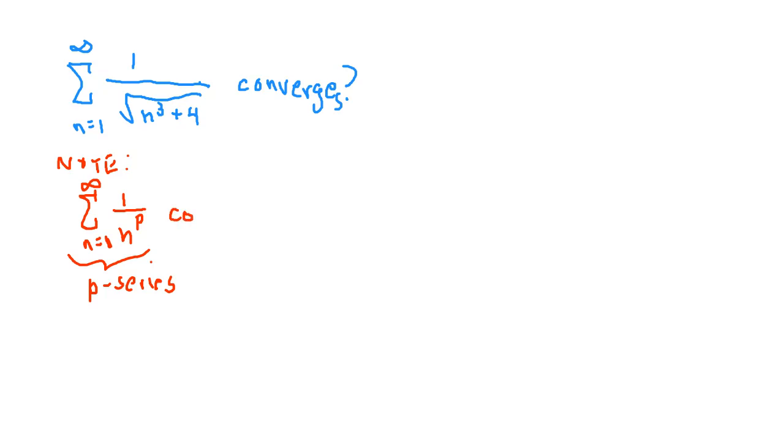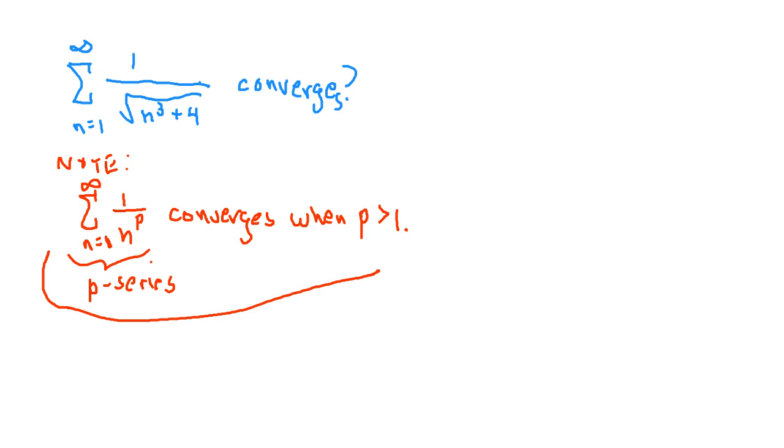And the p-series converges. Well, p does not have to be an integer, Yonatan. That's right. So the p-series converges if p is greater than what value? 1. That's right. Good. This is a fact that we're going to use to help us.